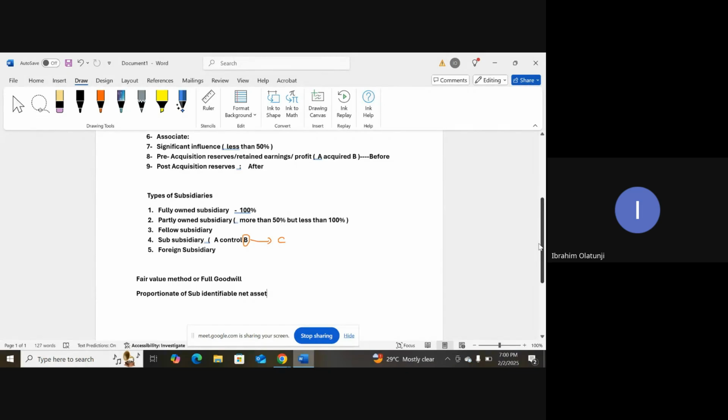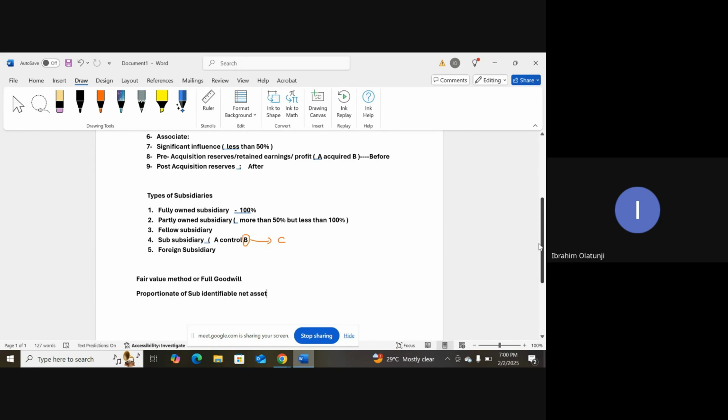Number two is that if the fair value or market value of the subsidiary is also given, if they are giving you the fair value or market value of that subsidiary, then we can go ahead.